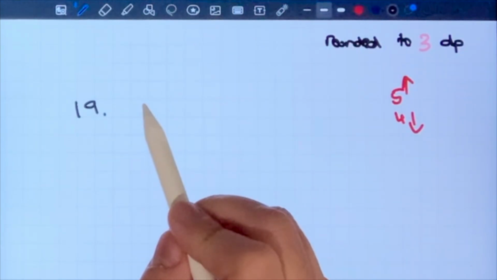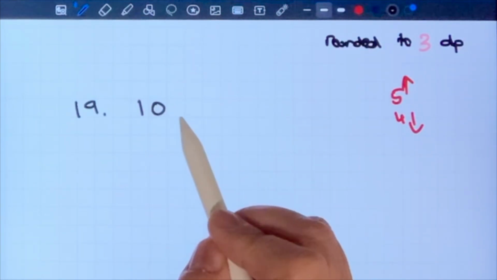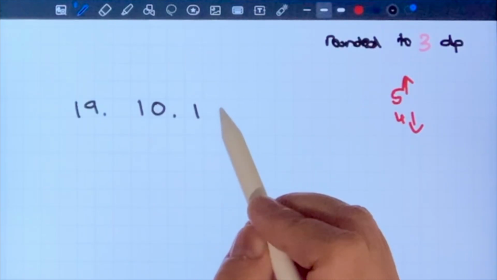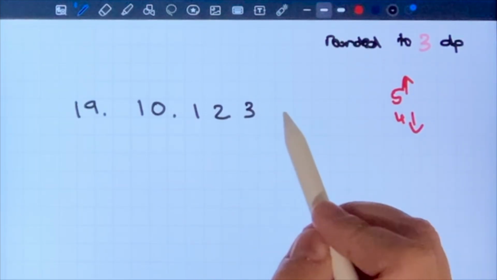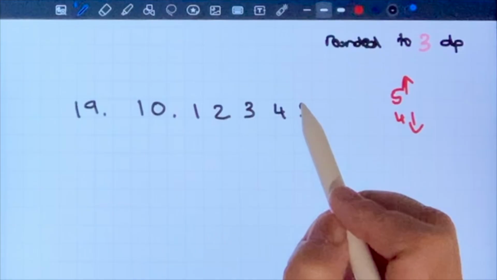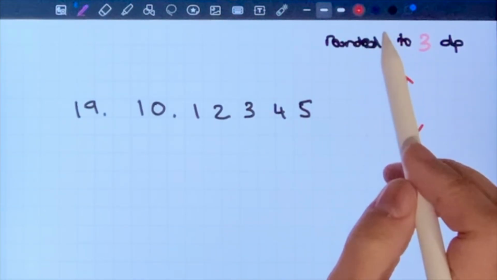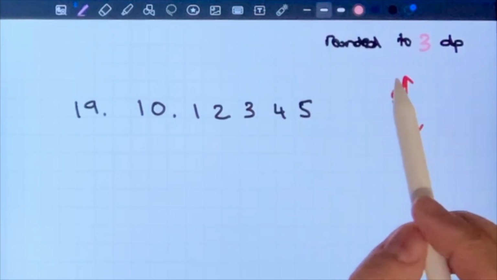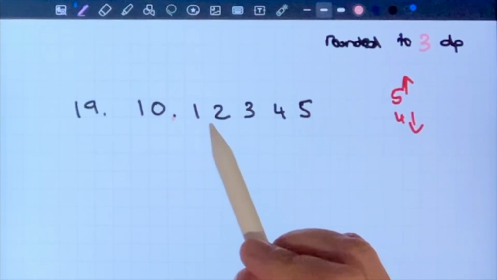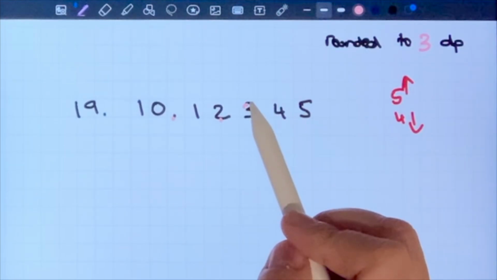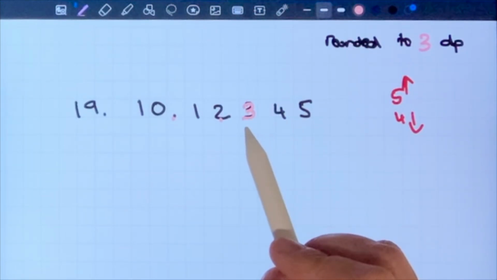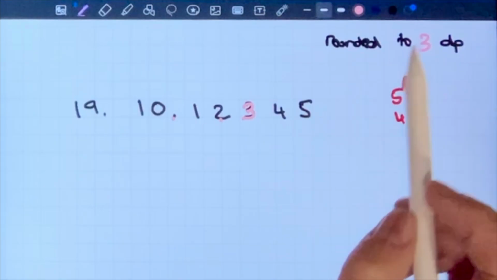Okay, so our next example is 10.12345. Alright, we want to round it to 3 decimal places. So there's my decimal. 1, 2, 3. This is the digit that's going to get rounded up or down.